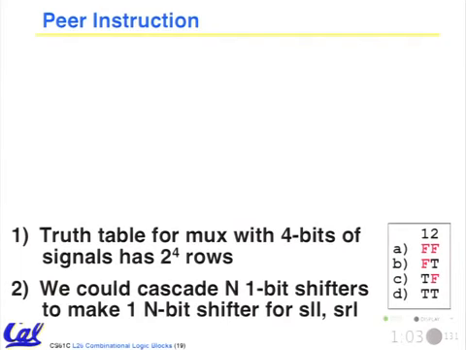I'm basically asking, can I build an n-bit shifter to handle shifting left or right by some other amount by hooking up the shifters in a standard way, as I have for the adder and the muxer, by cascading them together somehow? Okay?